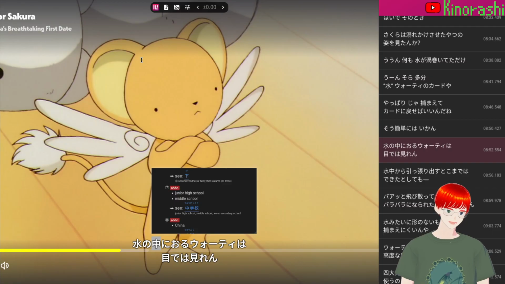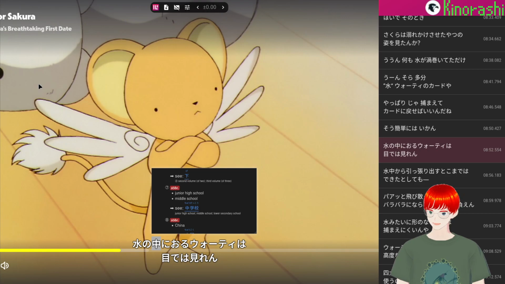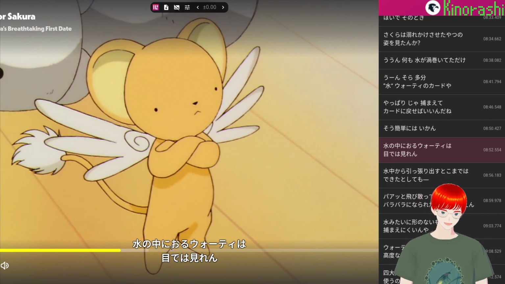Within. Yes, Naka, okay. So Mizu no Naka ni oru. Yeah, he's from Kansai so he uses oru instead of iru. Mizu no Naka ni oru wa, te wa me de wa miren.